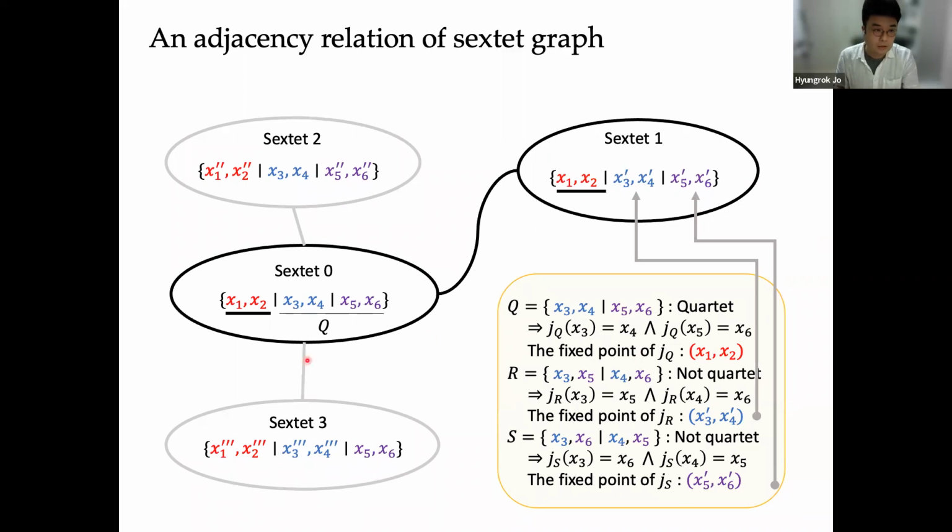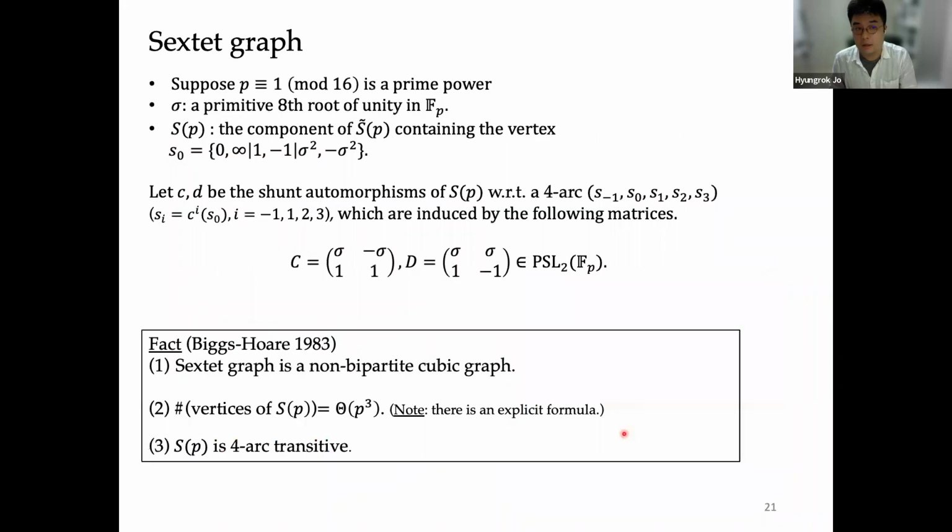So in this way, we fix here, and we find this process. Then we can find the sextet adjacency relation, and the sextet graph. So in order to represent the Schreier automorphism of the sextet graph, we need some setup in general.